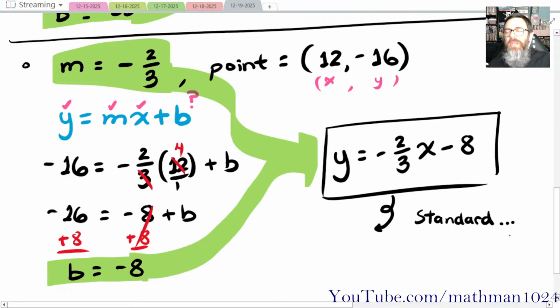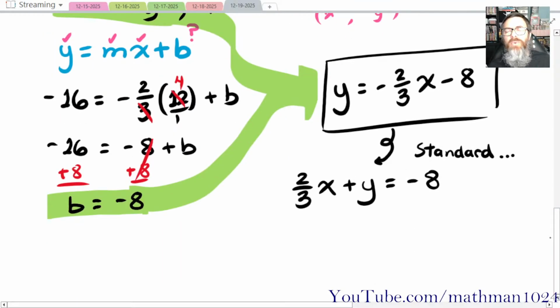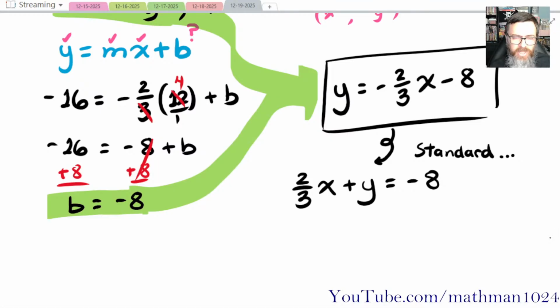So to do that, I need to first move my variable term to the left. So I'm going to put that in front. So that's 2/3 x plus y equals negative 8. And like I said before, in standard form, we typically don't leave fractions running around. So we're going to multiply everything times that common denominator. It's really the only denominator here, which is 3.